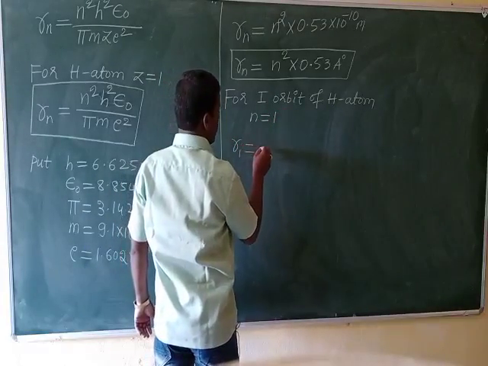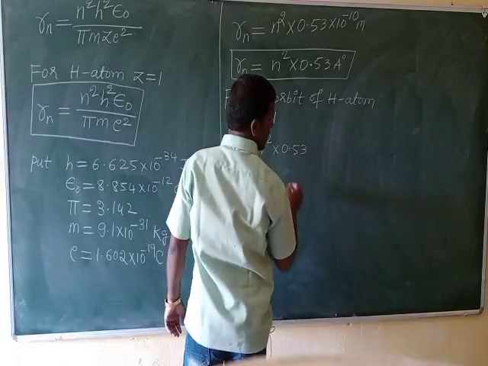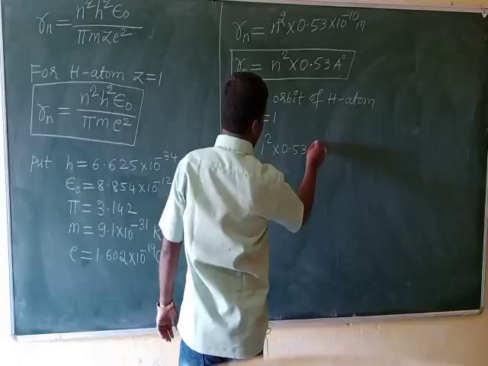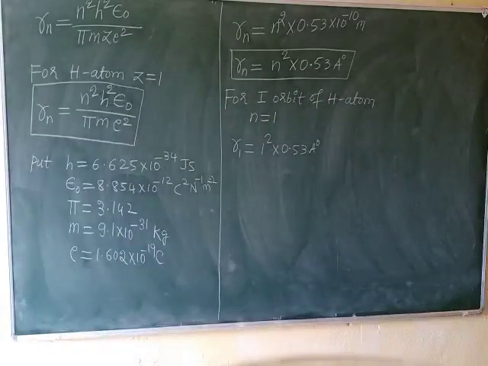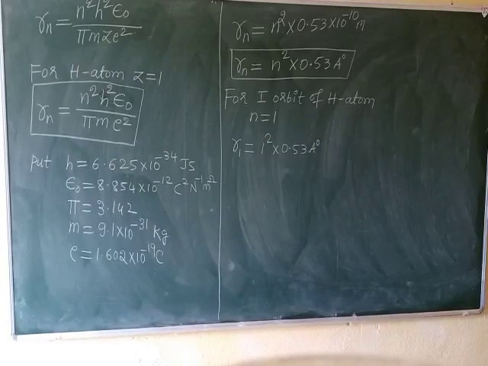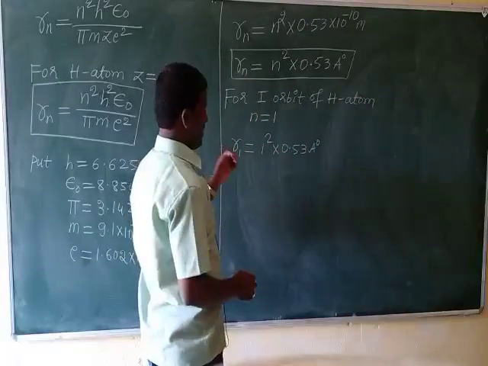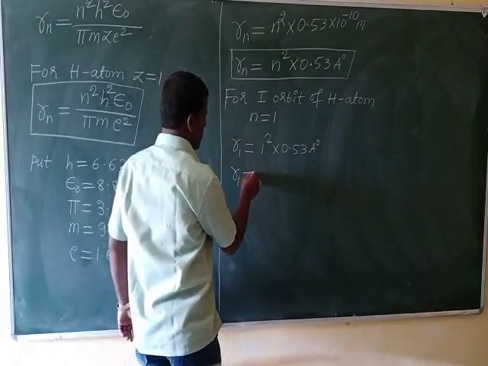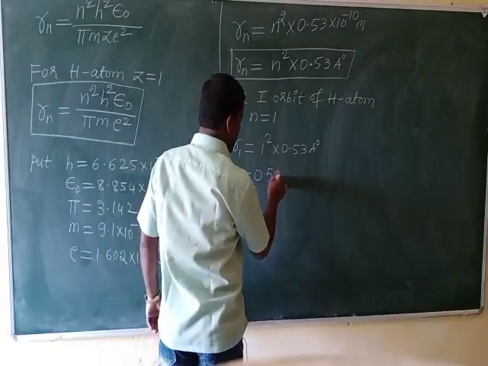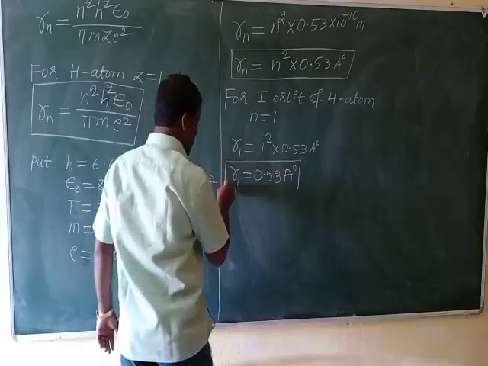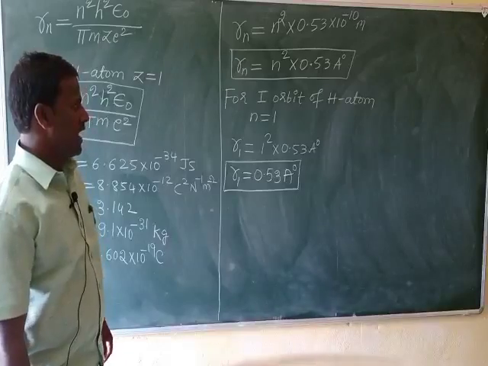So r1 equals 1 square into 0.53 angstrom. Some errors came, so that's why I stopped here. R1, the radius of the first orbit of the hydrogen atom, is 0.53 angstrom. Remember this value for the first orbit of the hydrogen atom.